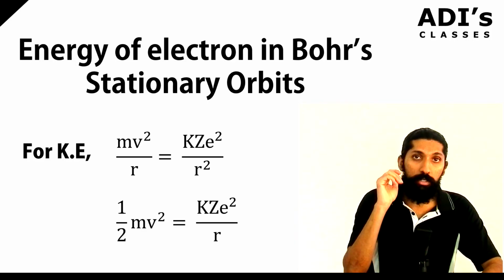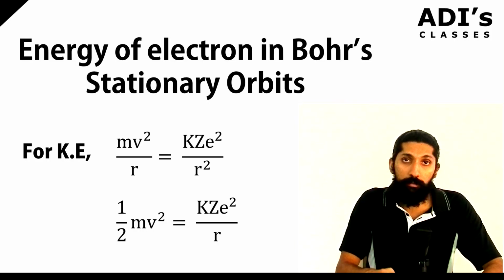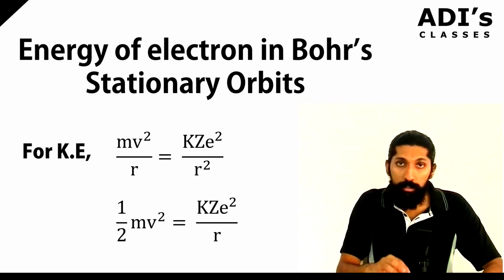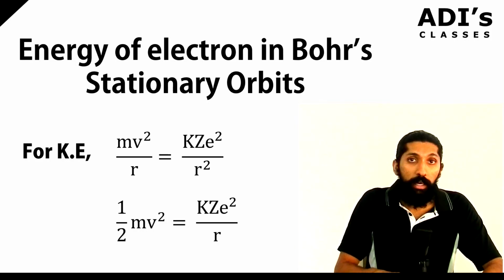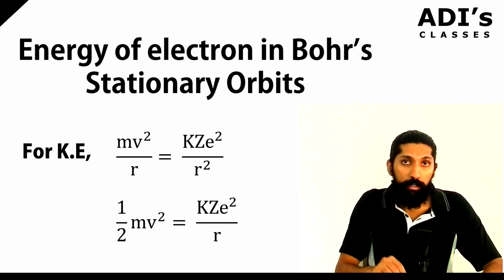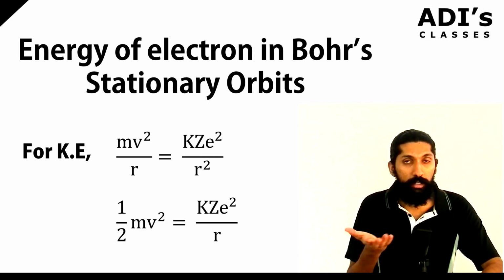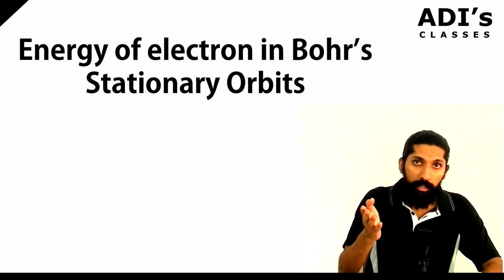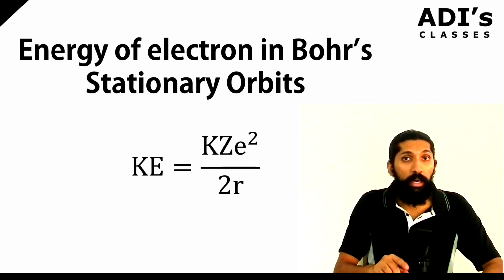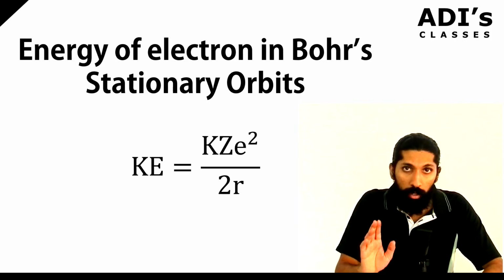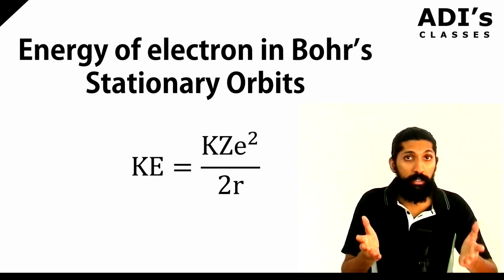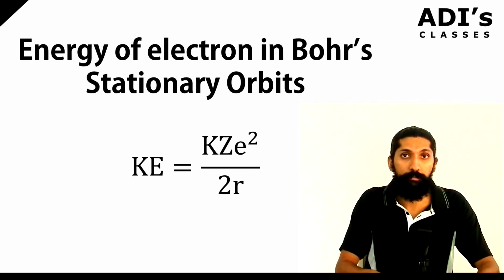That means the LHS is going to become ½mv², and on the RHS you are going to get ½·kZe²/r. Next, what is ½mv²? Isn't that the kinetic energy? So kinetic energy is equal to kZe²/(2r). This is the kinetic energy of the moving electron.